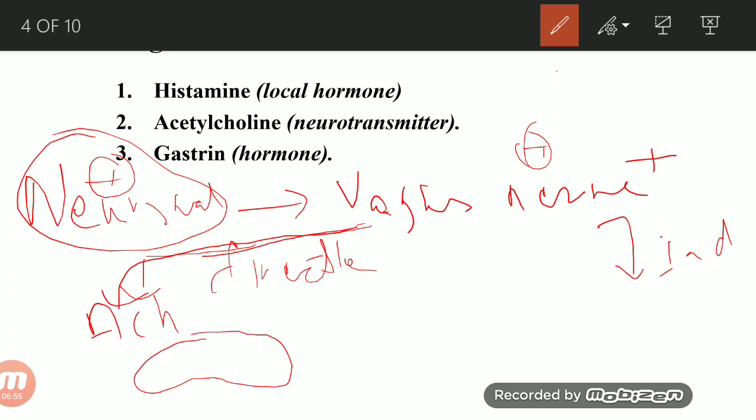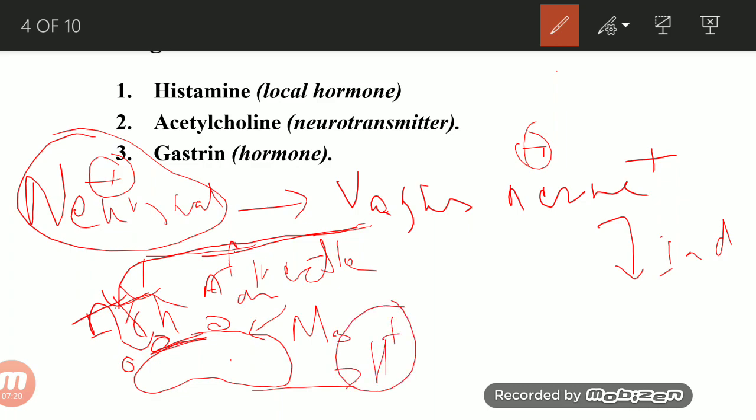In case of direct control, this nerve terminates near your parietal cell. It releases acetylcholine, which acts on its receptor, the M3 receptor. When it acts on your parietal cell, it causes liberation of H plus ions. That is in case of direct control.